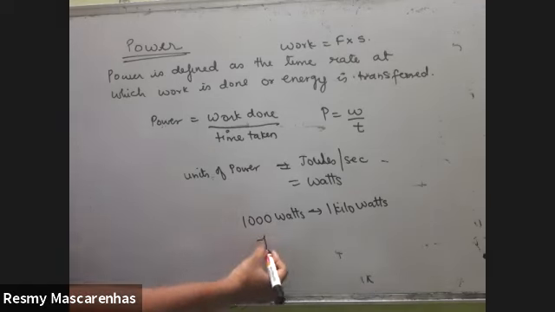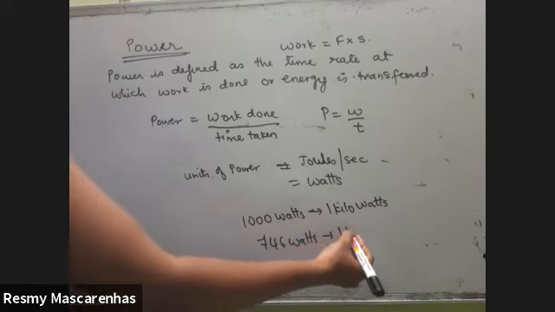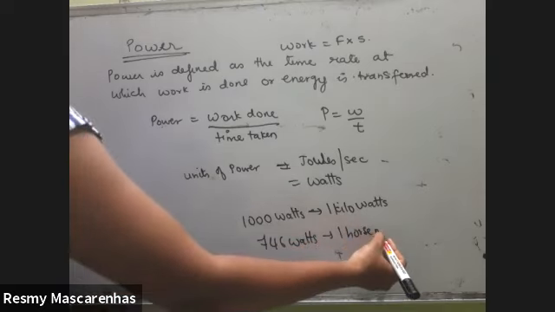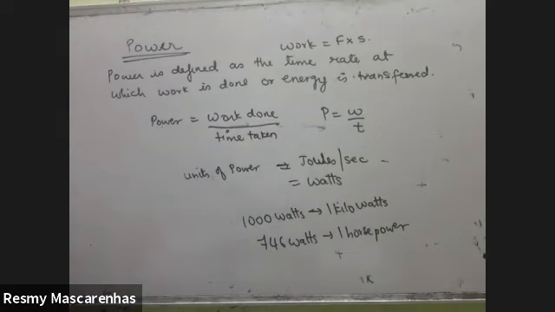And there's one number that is 746 watts is called as 1 horsepower. 746 watts if you have, you can call it as 1 horsepower. 1 horsepower is basically 746 watts.